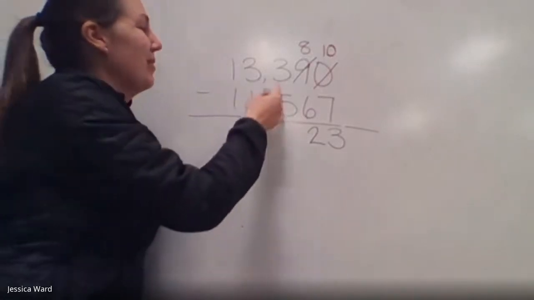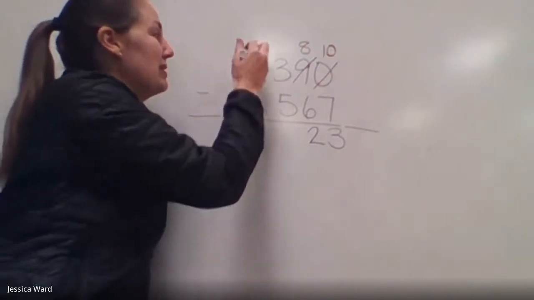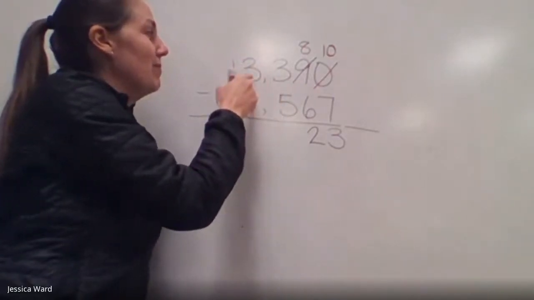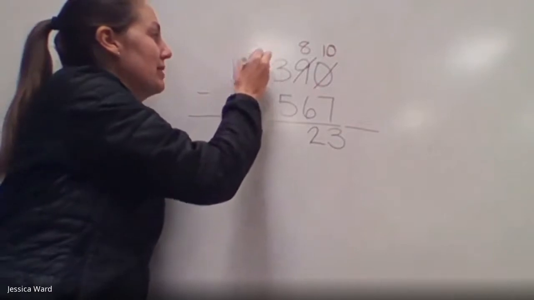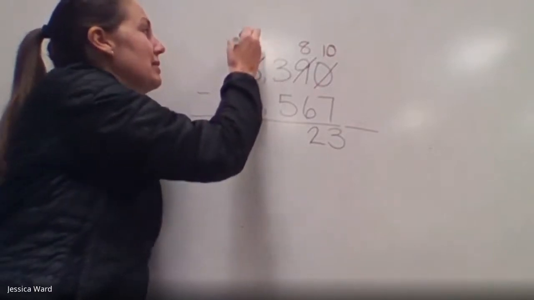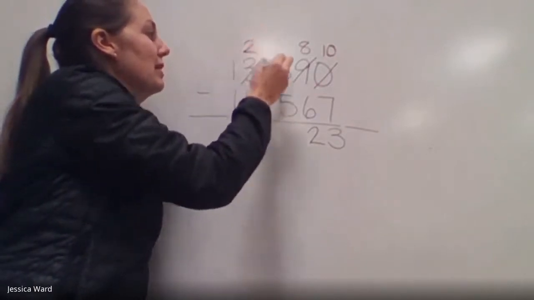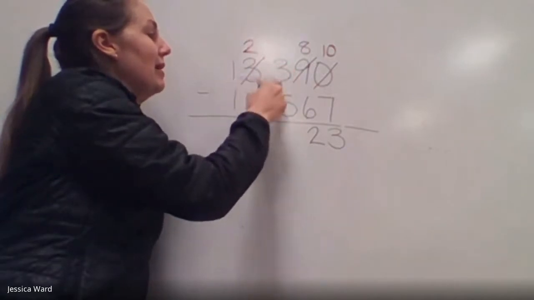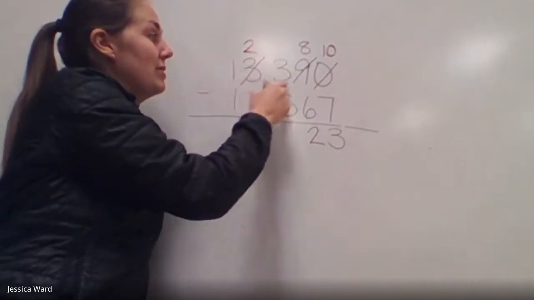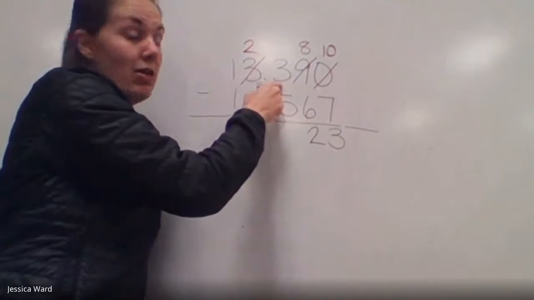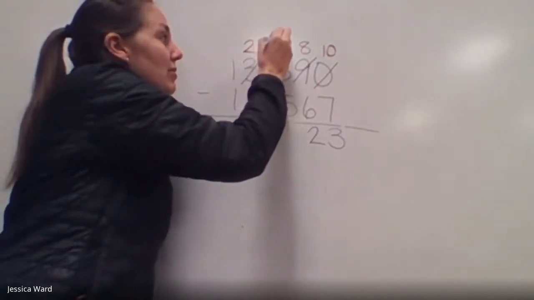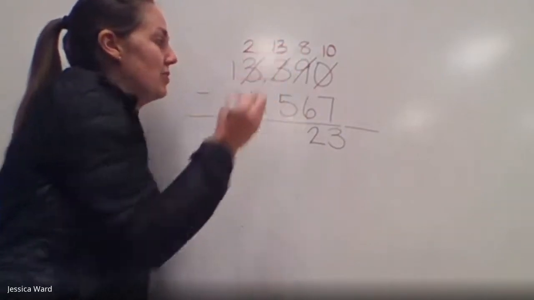So I'm going to go to my thousands place because 10 hundreds will give me 1,000. I'm going to take 1 from my thousands place, leaving me with 2,000. Add my 10 hundreds from my 1,000 to my 300s that I already have. 10 hundreds and 300s would give me 1,300.